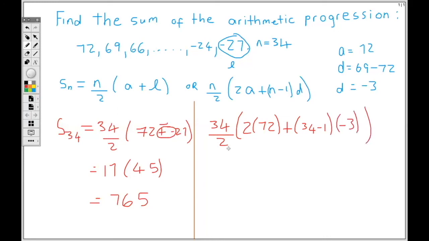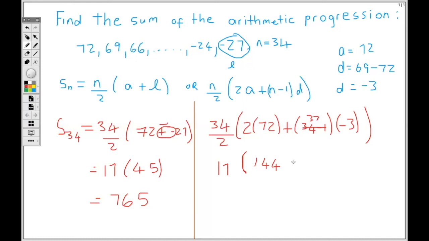Now all we're going to do is simplify. So 34 divided by 2 gives us 17. 2 times 72 is 144. 34 minus 1, that's 33. Then we multiply by -3, so that will give us -99.